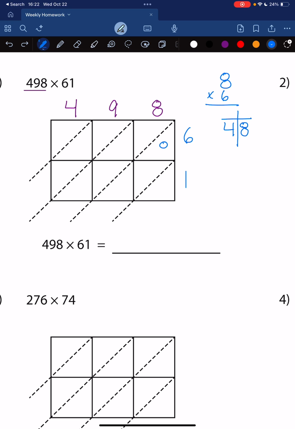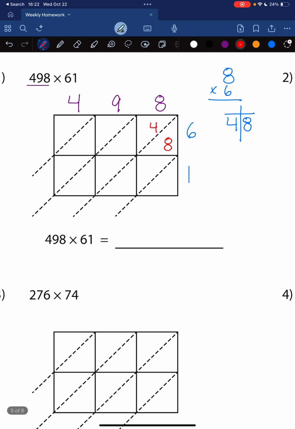Okay? And arbitrarily, I'm just going to make this an 8 and a 4. Okay? So inside this box here, I'm multiplying 8 times 6 to get the product of 48.